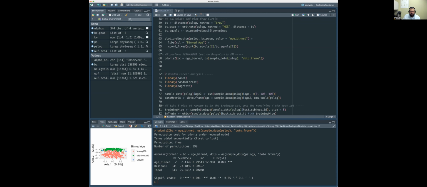So there is some separation between the groups. And remember, the PERMANOVA test looks at the null hypothesis of whether the centroids of each of the groups are the same. And so here, let me just zoom in on this again.